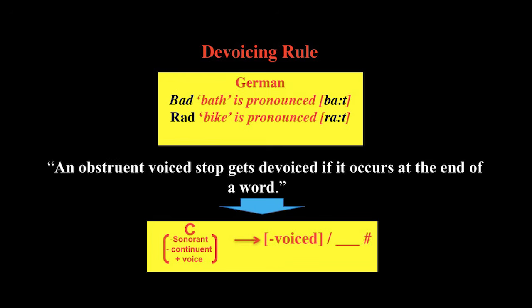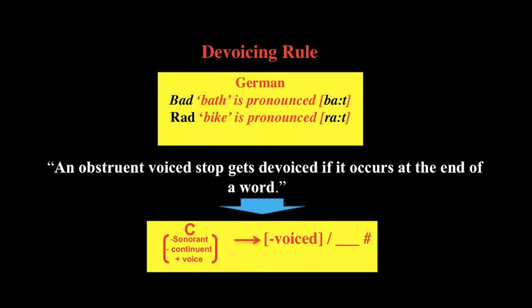Now, how do we change this phonological rule statement into phonological rule notation? We simply write a consonant which is minus sonorant, minus continuant, plus voice becomes minus voice whenever it is word final. We simply write using the symbol C, which is a consonant, then we define the features minus sonorant, minus continuant, plus voice, which refer exactly to an obstruent voiced stop.